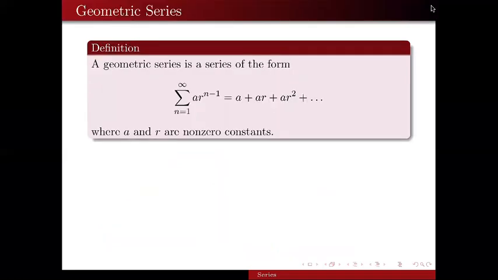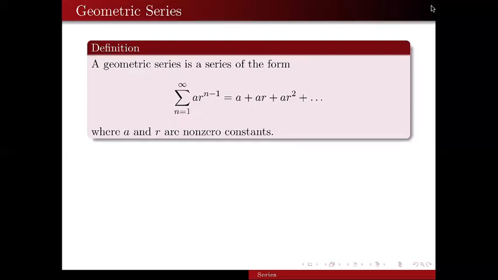Now, let us consider this series. It's just a series with a name. We call it the geometric series. So the geometric series is of the form this guy here: the sum of a r raised to n minus 1, n starting from 1 up to plus infinity.